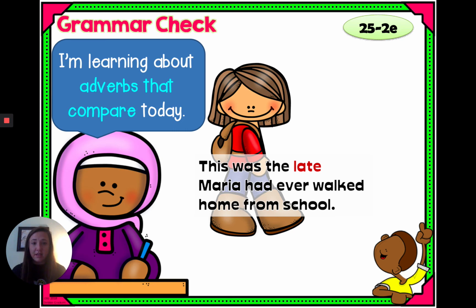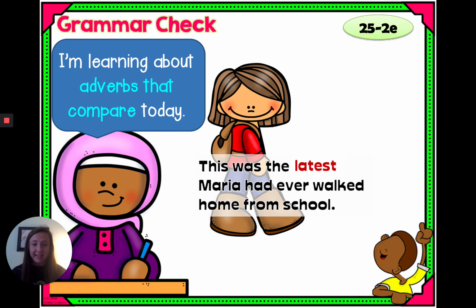This was the late Maria ever walked home from school. If we're talking about all the days she's ever walked home from school, do you think we're talking about 2 or more days? 3 or more days? It's going to be a lot of days she probably walks home from school. So what do we add to the adverb late? Good.